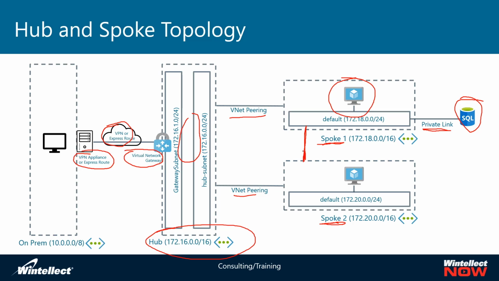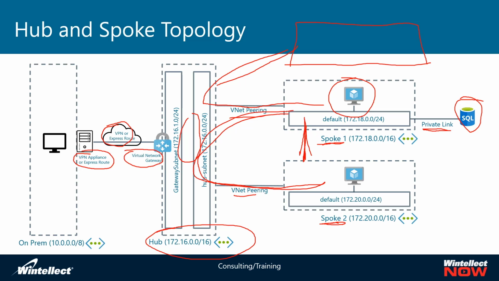However, I don't recommend doing that for larger deployments. The reason is that maintaining all those peerings can get rather arduous. It's better to have another spoke that acts as a transient network, and then use that transient network to have the traffic go something like this, going across that transient network rather than having a direct peering like this, because maintaining umpteen thousand peerings can get rather arduous if you go down that route.